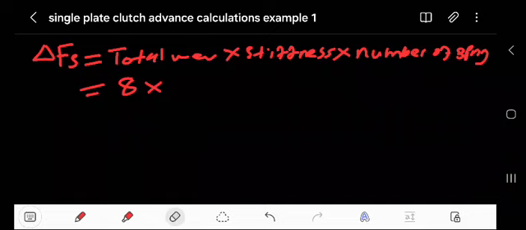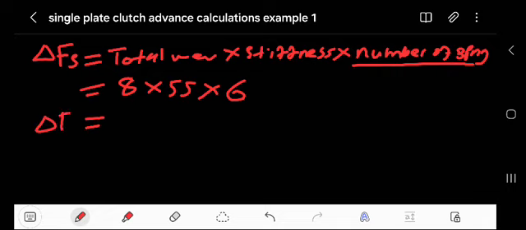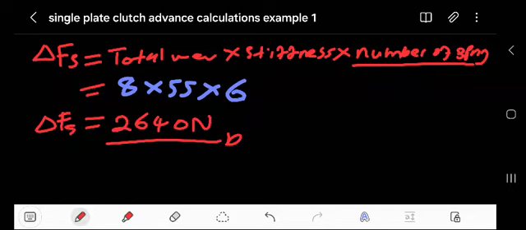So we simply multiply by 55, and by the number of springs. They said 6. Then the change in Fs, 8 times 55 times 6, we get 2640 Newton. You can punch that in, 8 times 55 times 6.